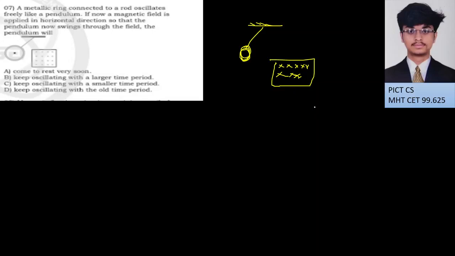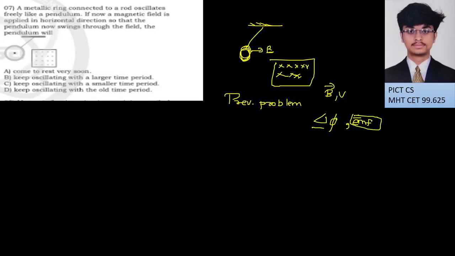It is quite similar to the previous problem. As I stated before, this is a metallic ring, suppose it has resistance R. Now when it comes in contact with this field B, with some velocity, the flux will change and EMF will be induced.